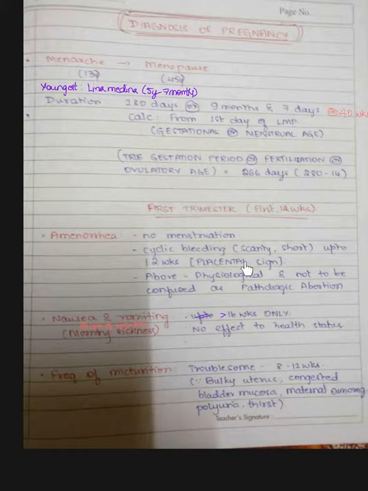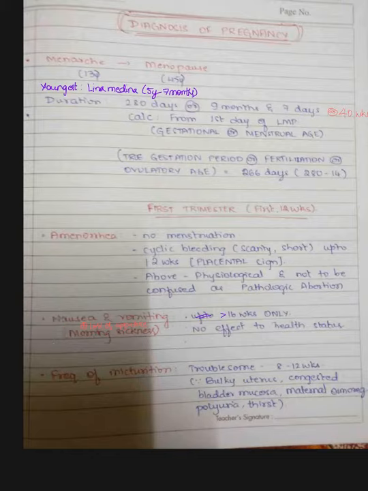This is simply called the placental sign, due to the fixing of the trophoblast to the uterine endometrium, and there is fusion of the decidual space by the decidua vera and the decidua capsularis, and this is responsible for the placental sign. So the reason for the placental sign is the implantation by the trophoblast to the endometrium. This is the basic point you have to remember, and it should not be confused with pathological threatened abortion.